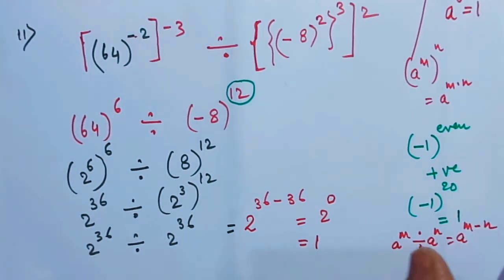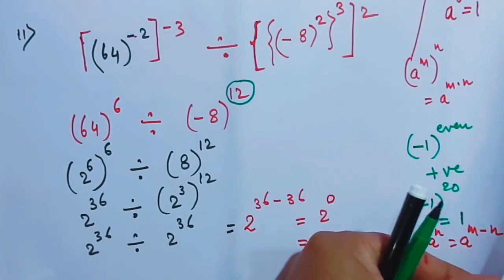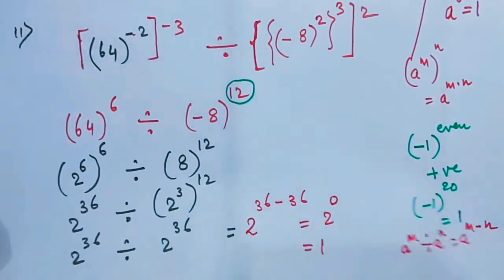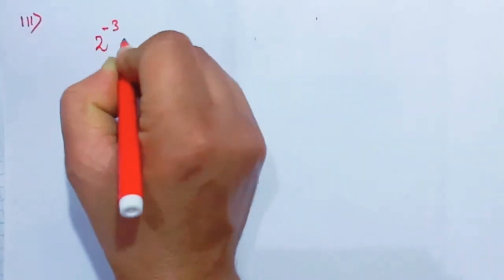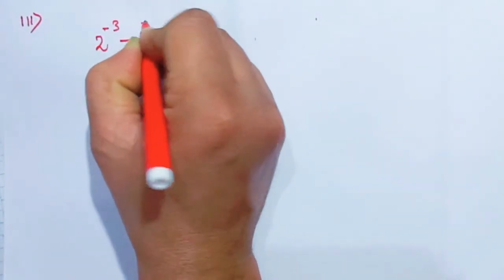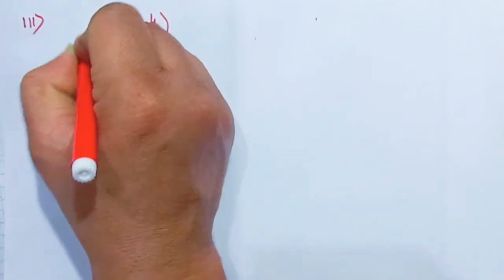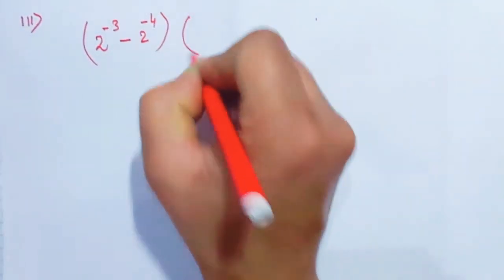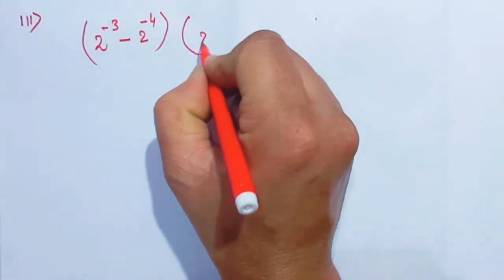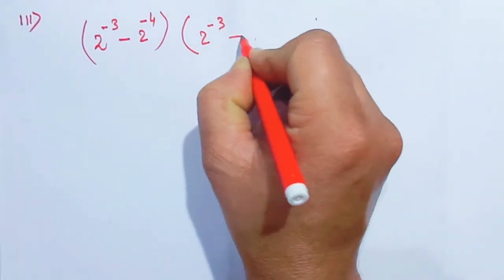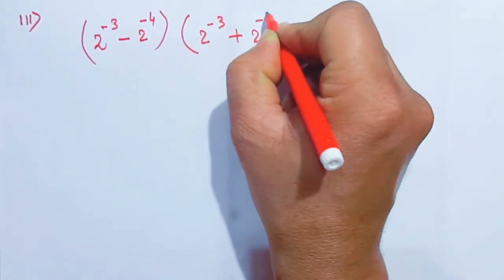Moving on to the next one, there are a few important sums which are very important, until and unless you understand them. If you do not understand it, it's useless. Okay, 2 to the power minus 3 minus 2 to the power minus 4 multiplied by 2 to the power minus 3 plus 2 to the power minus 4.